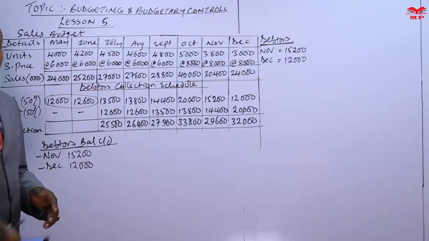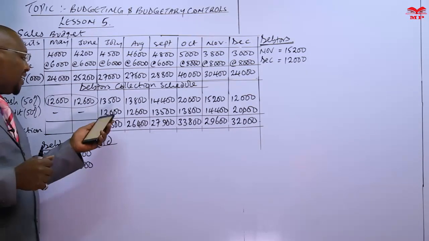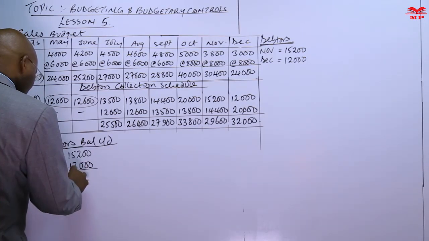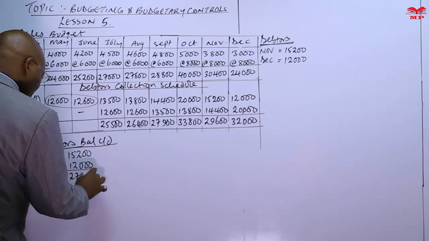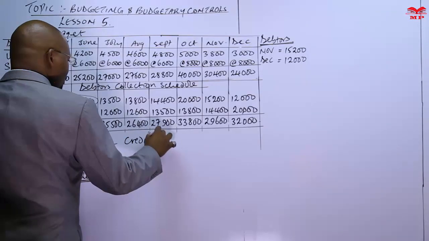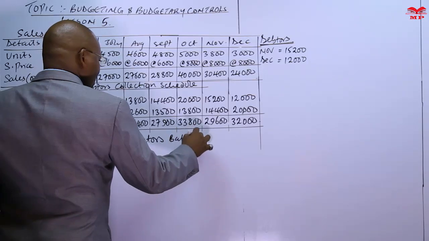If you look at the balance sheet, debtors are 24,600, which is very true. That is already cleared. So you have a new balance of debtors, which is 27,200. We have creditors. Creditors, this is a balance carried down.